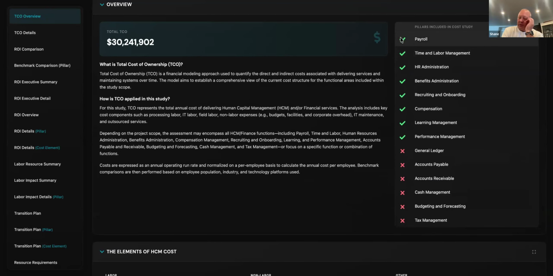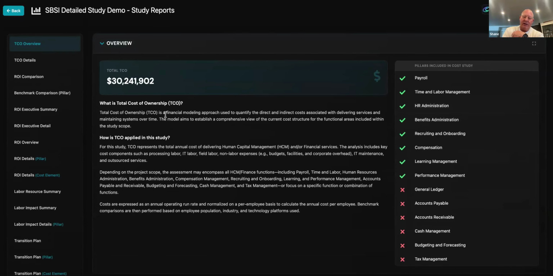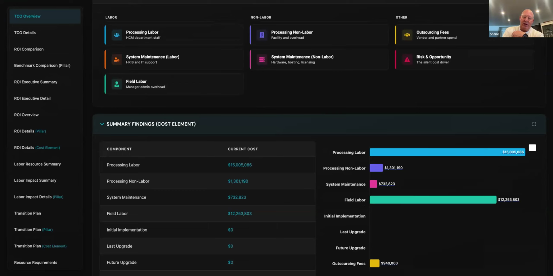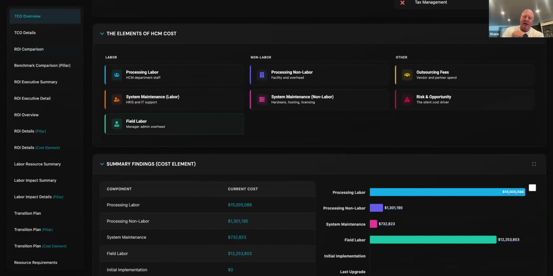Our tool can be set up and configured in any combination of these pillars. But since we are talking about just payroll, let's keep our focus to that.